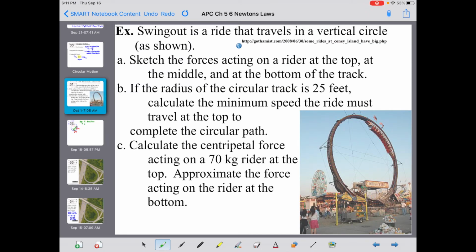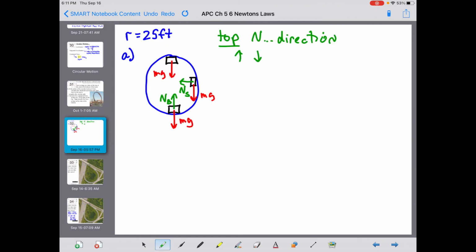Part B, if the radius of the circular track is 25 feet, calculate the minimum speed that the ride must travel at the top to complete the circular path. If the object is traveling too fast, then your normal force is going to be downward. If your object is traveling too slow, then the normal force is going to be upward.